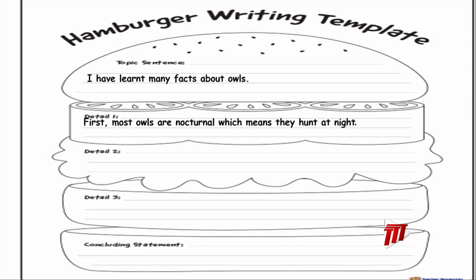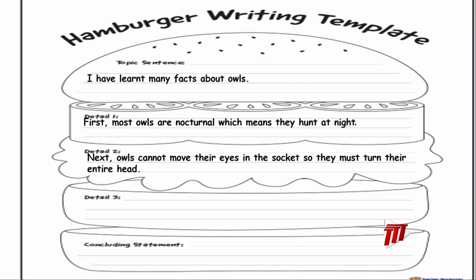And what is the transitional word or the linking word in this sentence? Yes, it is first. So detail number 1 is telling us about owls. The first thing it is telling us is that most owls are nocturnal, which means they hunt at night. Let's go on to detail number 2, something we probably don't know about owls that we are going to learn today.